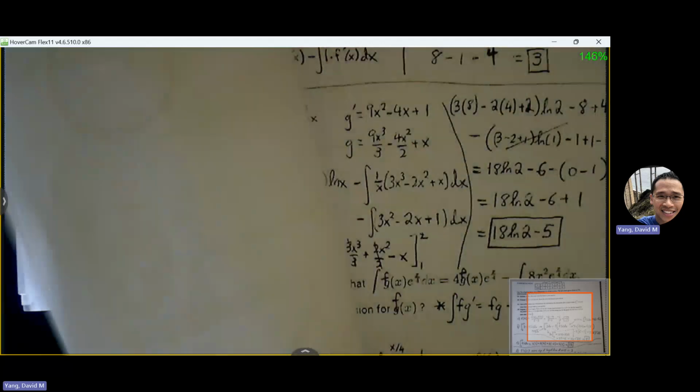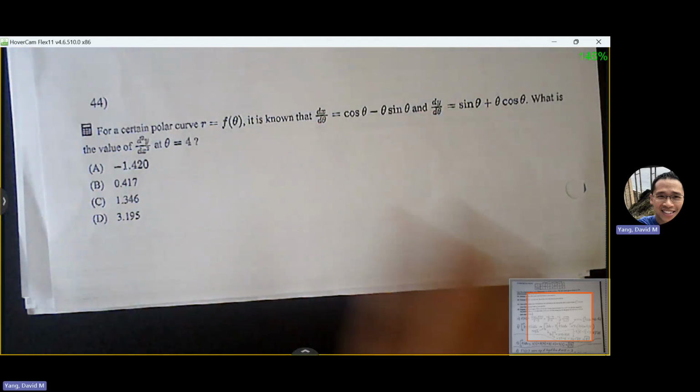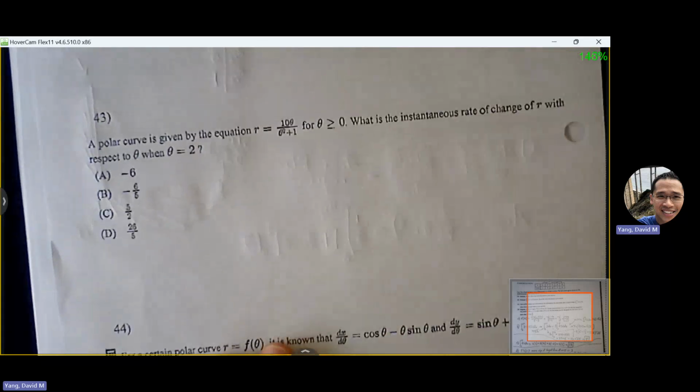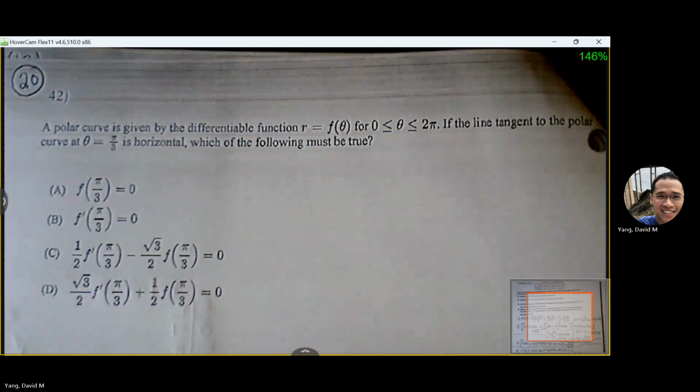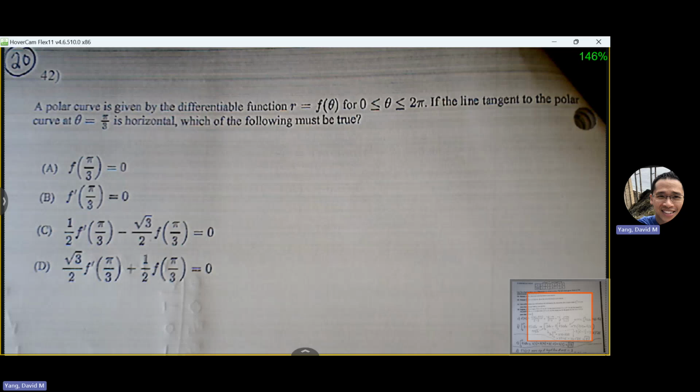Okay, let's see if we can work through the rest of these problems one by one. So let's go to number 42, page 20. A polar curve is given by differentiable function r equals f of theta.